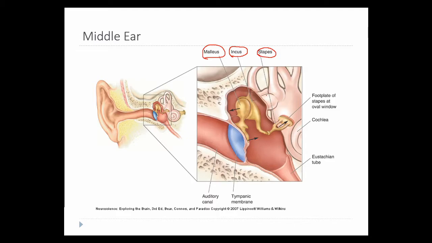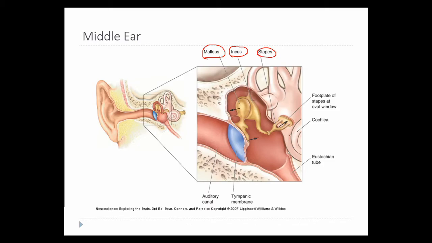The word stapes comes from the word for stirrup, because that's what it looks like, a little stirrup on the side of a horse's saddle. But the vibration of the stapes causes the vibration of this little membrane called the oval window, which is part of this structure called the cochlea, which we'll talk about in a second.